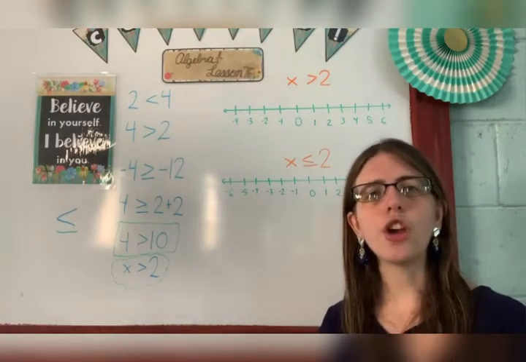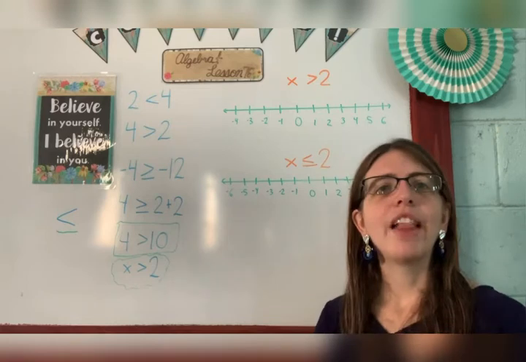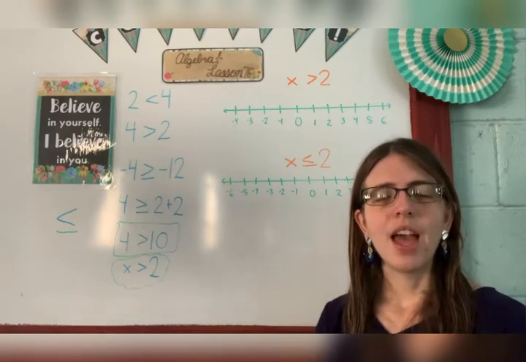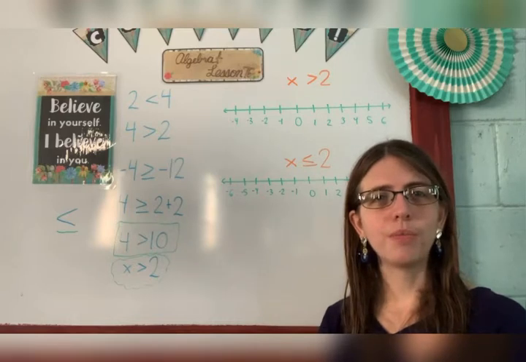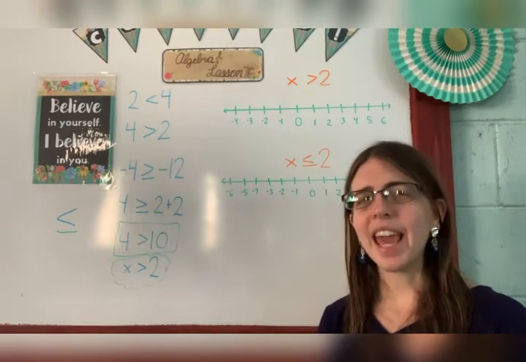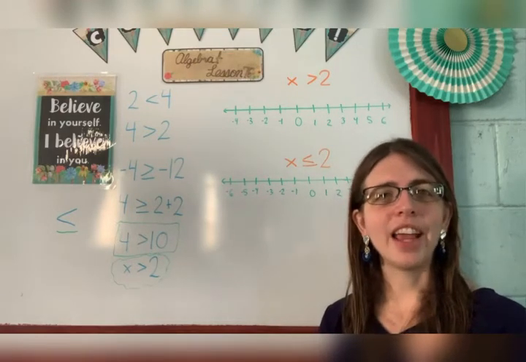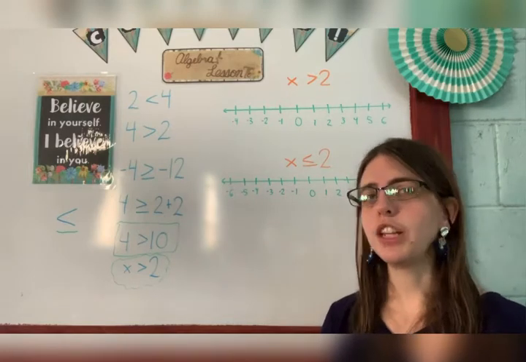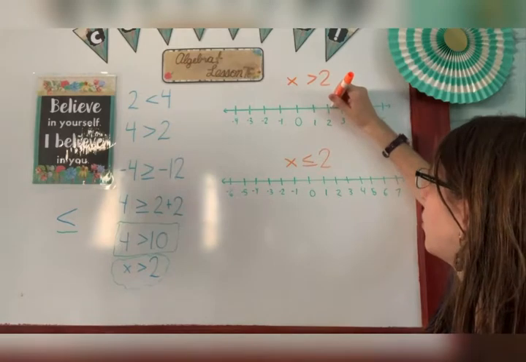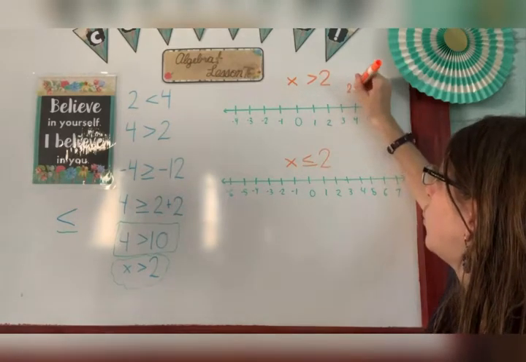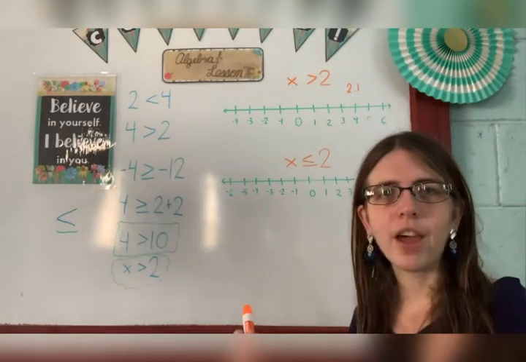Okay, here I have X is greater than 2. So I want to show all of the numbers that are greater than 2. But can X actually be 2? Can it be equal to 2? No, it can't because there's not that line underneath. So I'm not including 2, but I want all of the numbers that are bigger than 2. So that includes even 2.1, okay?